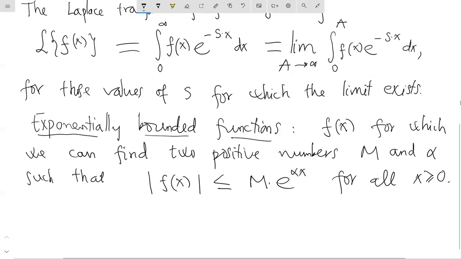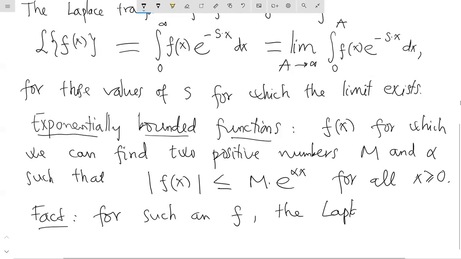But here's the fact: for such an f as above, the Laplace transform L of f(x), again, the Laplace transform is a new function in the variable s.